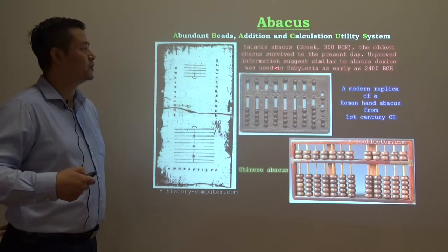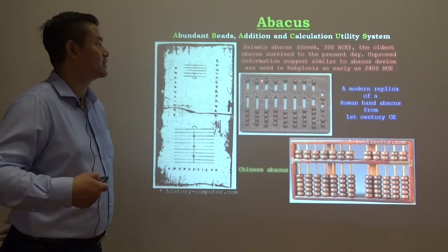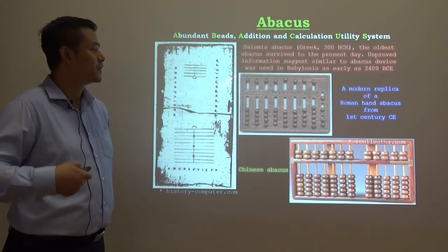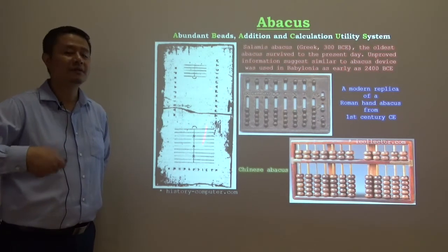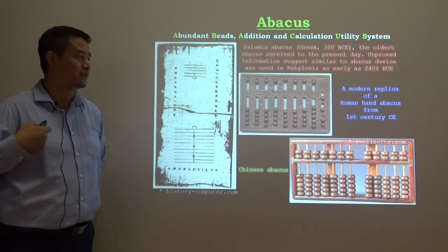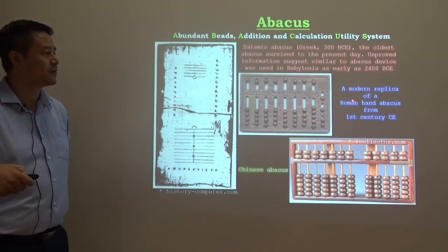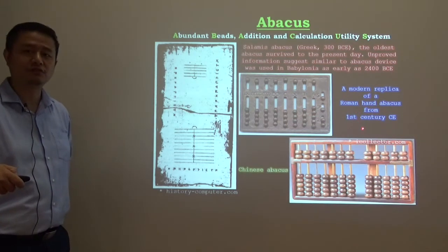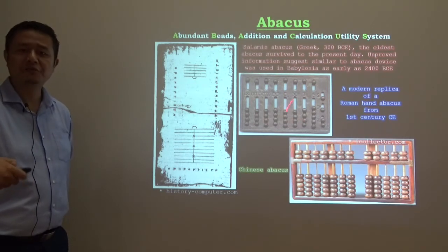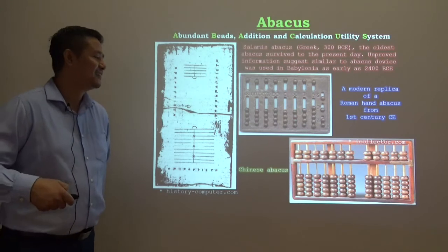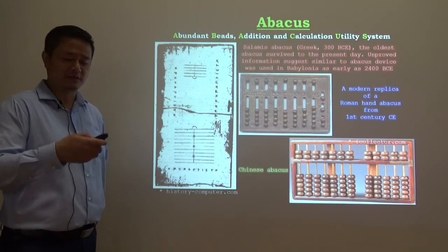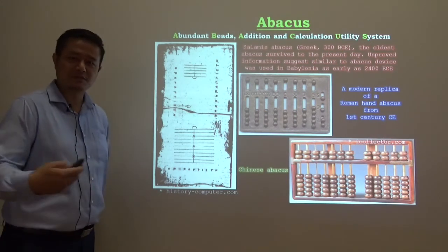Unproved information suggests a device similar to the abacus was used in Babylonia as early as 2400 BCE. So this is not the first abacus, but it is the oldest that survived till the present day. And this is a modern replica of a Roman hand abacus from the 1st century CE, Common Era, which means AD. And this is a Chinese abacus. These are used for counting, calculating, or more specifically, computing.